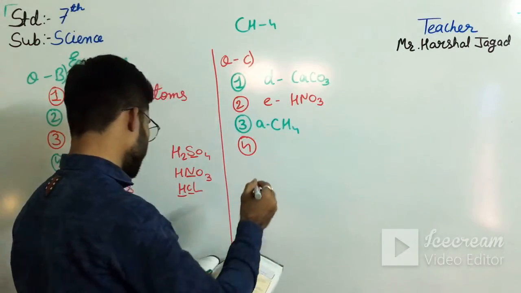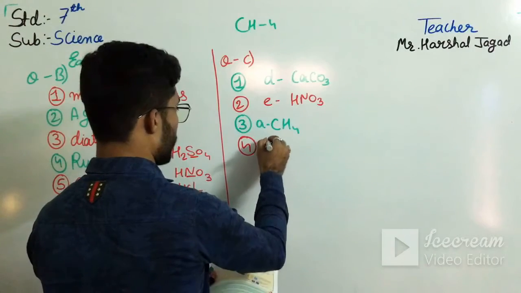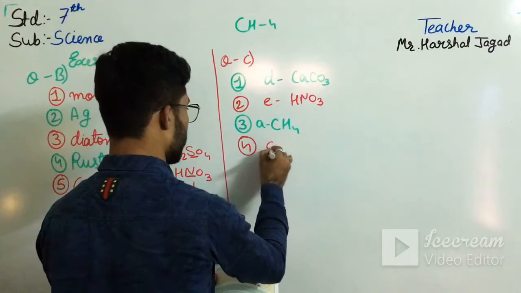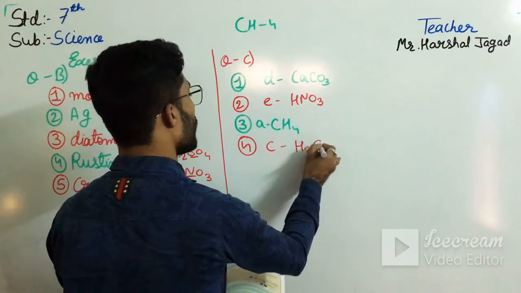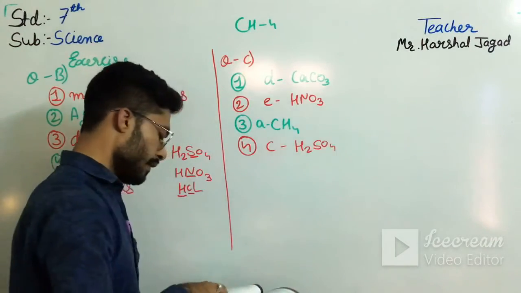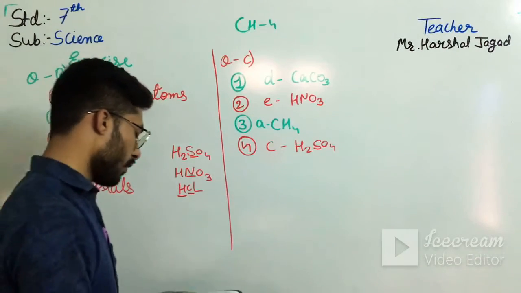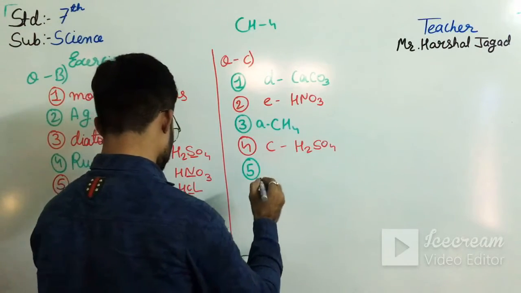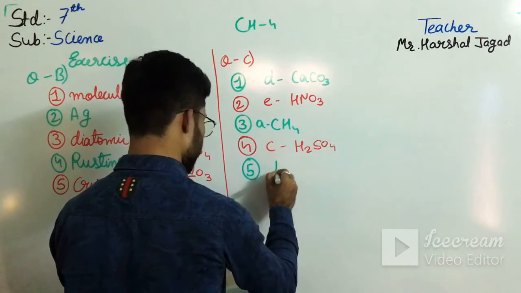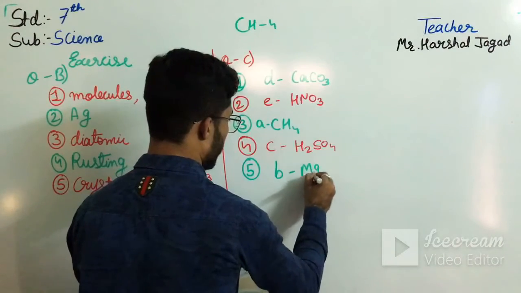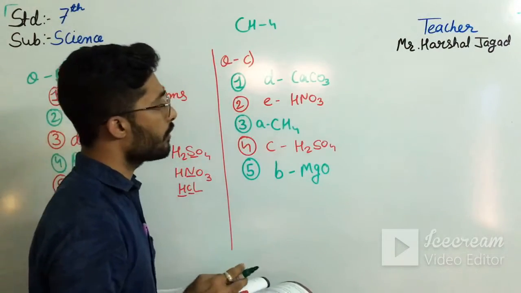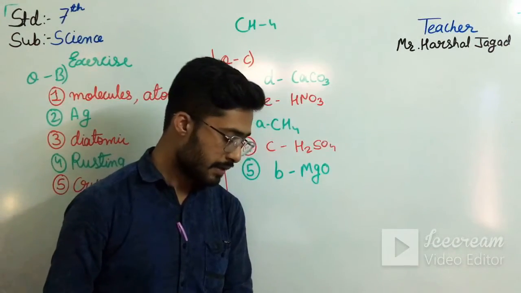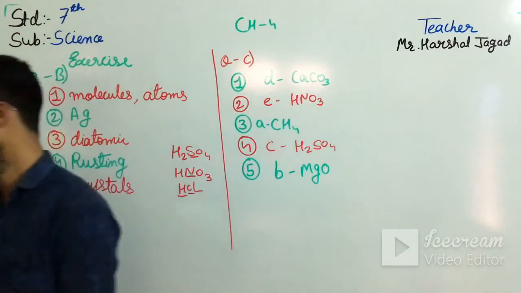So the sulfuric acid, that is H2SO4, which is C. Fifth, magnesium oxide. Magnesium oxide, that is MgO, that is B. Okay, please note down the answers, students, and we will move towards question number D, that is name the following.